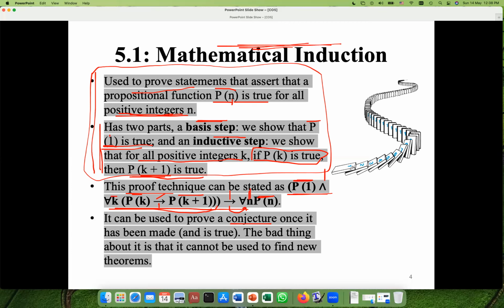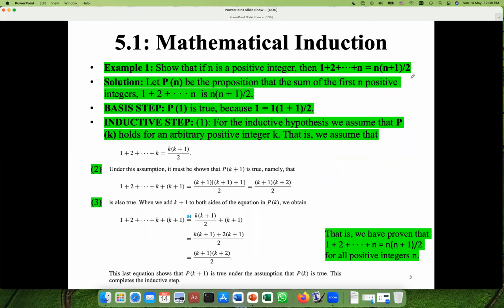This is again a picture. You will start from step 1, and it will go like that in a sequence. Now we have example 1 to understand this mathematical induction.